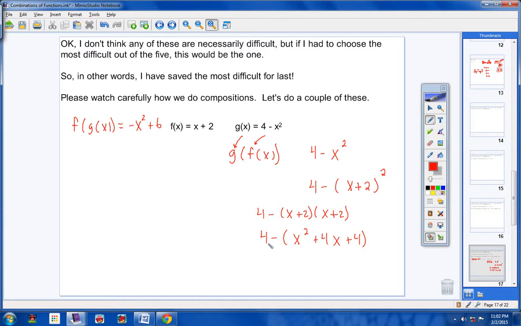Now don't forget there's a negative sign out here. Now we multiply the negative sign through. All of those signs will change. 4 minus x squared minus 4x minus 4, okay? Your positive 4 and your negative 4 will cancel, and you're left with g of f of x equals negative x squared minus 4x.